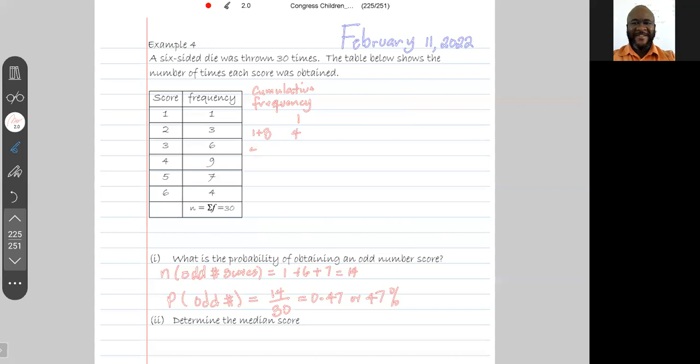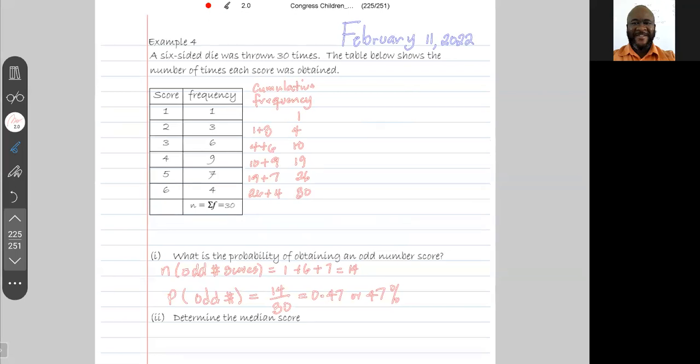Then we have 4 plus 6, which is 10, 10 plus 9, which is 19, 19 plus 7, which is 26, and 26 plus 4, which is 30. That's the cumulative frequency.